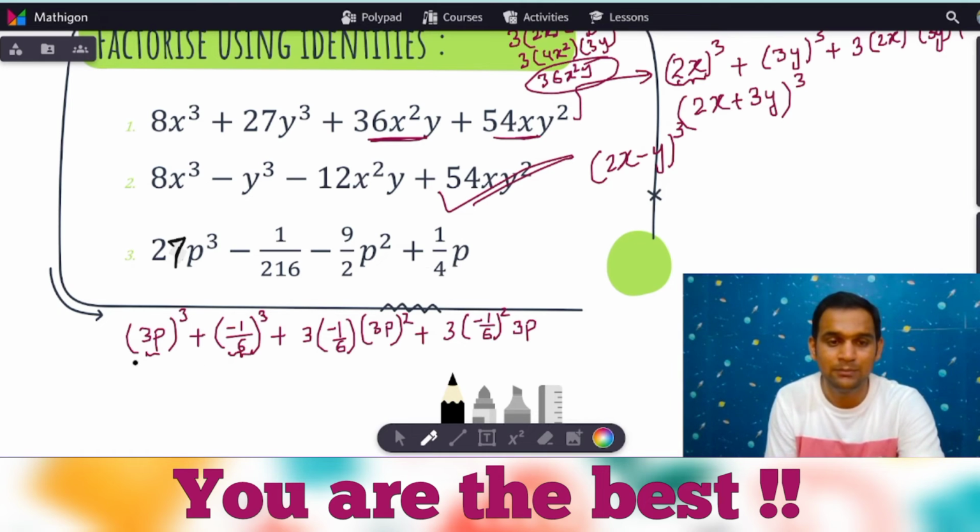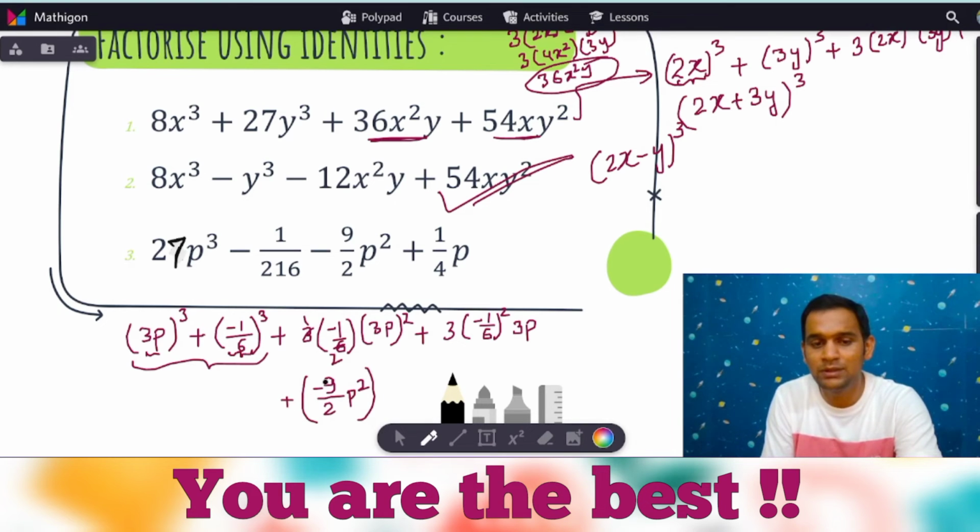Let's quickly do it. These two will remain the same. Let's only verify this. So 3 times 1 and 3 times 2, 3 square is 9. So we get minus 9 by 2 p squared. Yes. So obviously it's in plus, so plus and minus will be minus. It is verified. Let's quickly understand here.